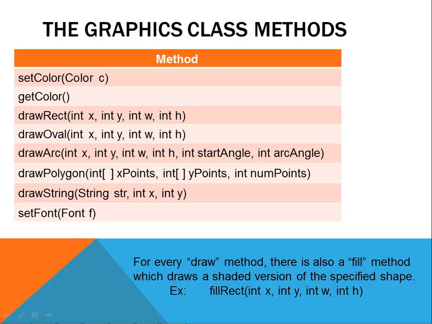Note that for every draw method listed, there is also a fill method, which draws a shaded version of the specified shape. For example, instead of saying drawRect, we could say fillRect.